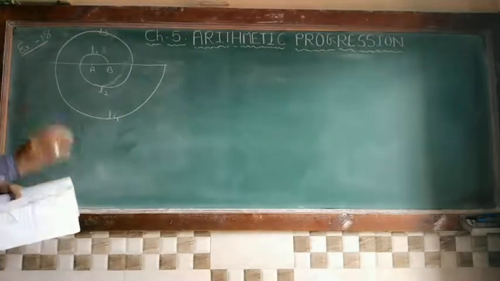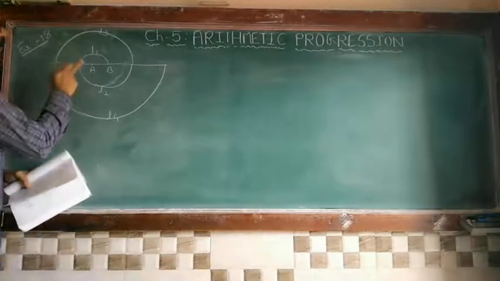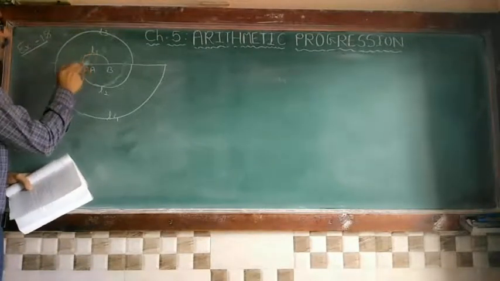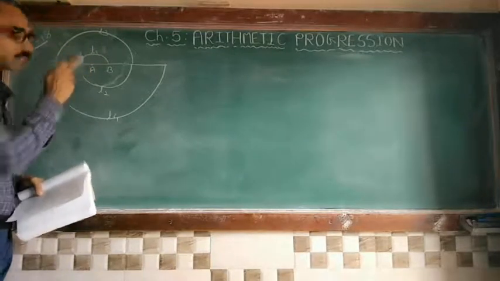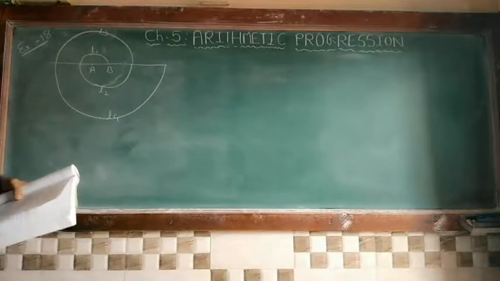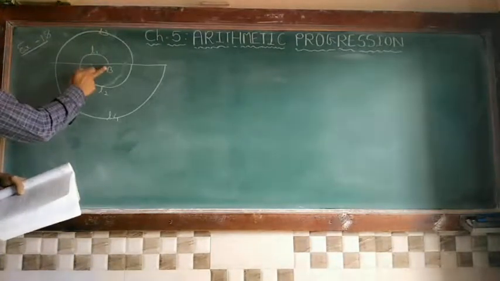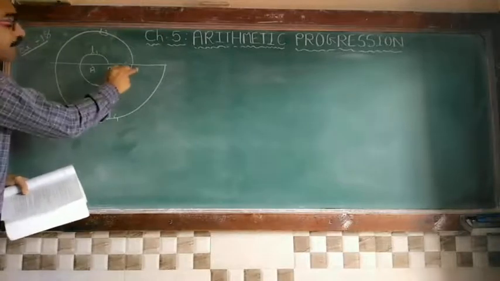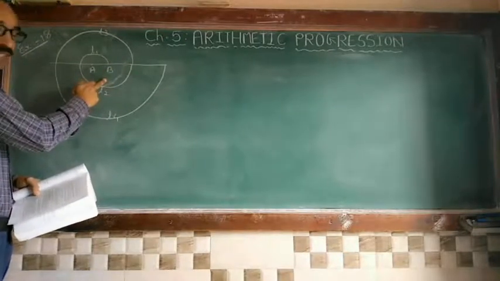Now see here, it is given to you that A and B are the alternate centers. The first semicircle is your L1, here the center is A and the radius is 0.5 centimeter. Then with center B, L2 is the semicircle, radius is 1 centimeter.